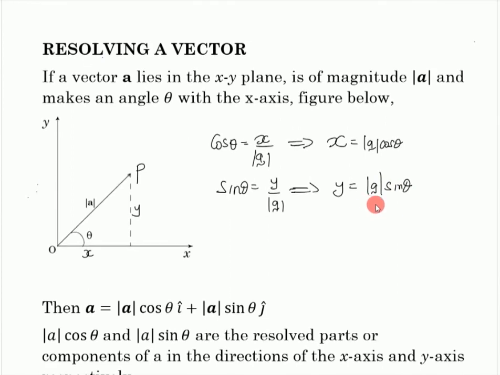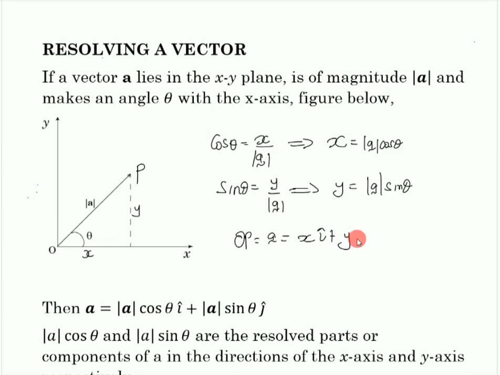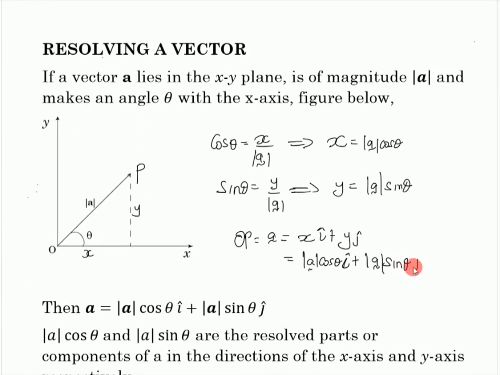Now the vector OP can be resolved in the form xi plus yj. So x is a times cosine of theta, that is i, plus y, which is a times sine of theta, and this one is j. So we have these as the components.